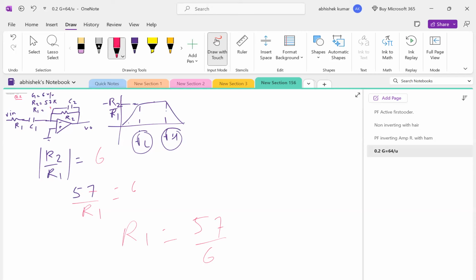If the question demands a necessary cutoff, we can start our discussion by assuming that our cutoff frequency is 1 kilohertz. Since it is a low pass filter, we can find the resistor.